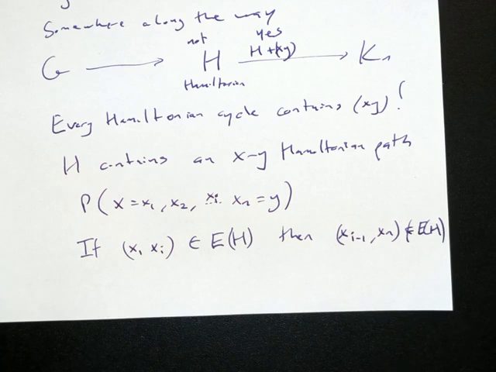Why? Because I could go from x1 to xi and then back to something to xn. Wait a minute, that's a Hamiltonian. But then if I start here at xi, I can go back to x1, then go to whatever is up here and go to xn, and I all of a sudden have a cycle. It starts and ends at xi.